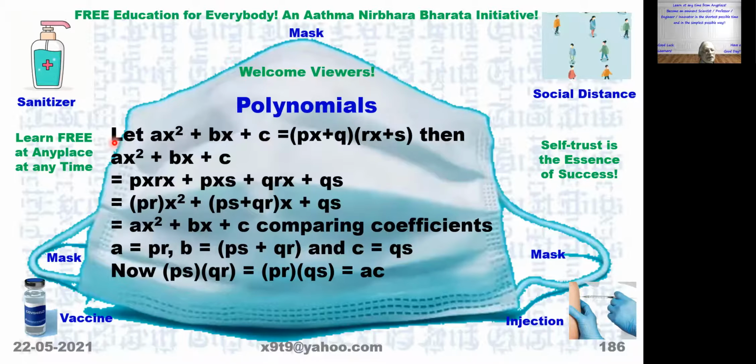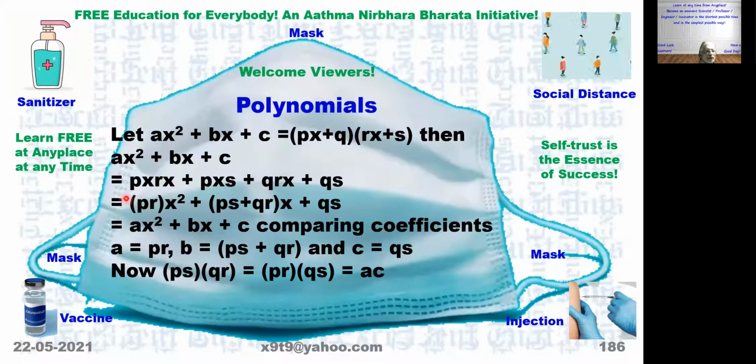So let ax square plus bx plus c be equal to (px plus q) multiplied by (rx plus s). Then this becomes equal to: multiply px with rx, you get prx square; multiply px with s, you get psx; then q with rx, you get qrx; then q with s, you get qs.